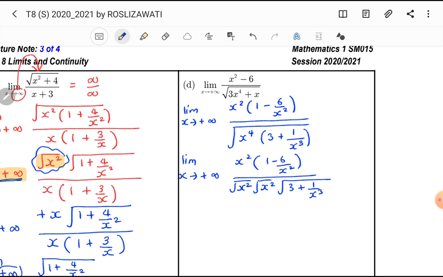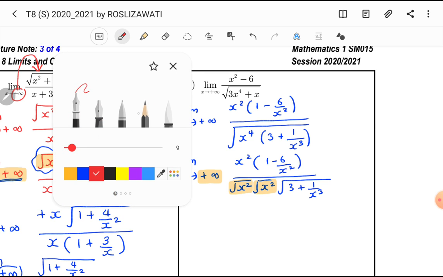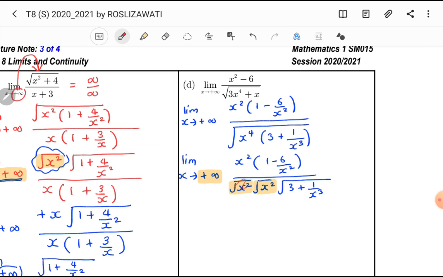Ya? Boleh ke? Okay, good. Next, kita akan replace square root of x squared dengan apa kalau x awak approaches positive infinity? So, kita akan replace dia dengan apa dia? Positive x.